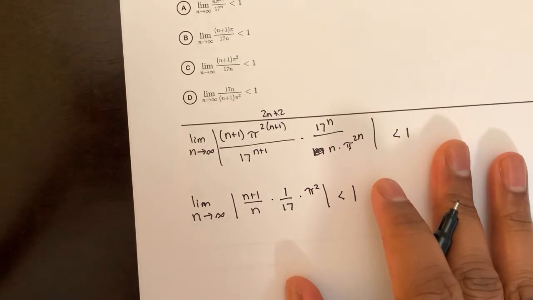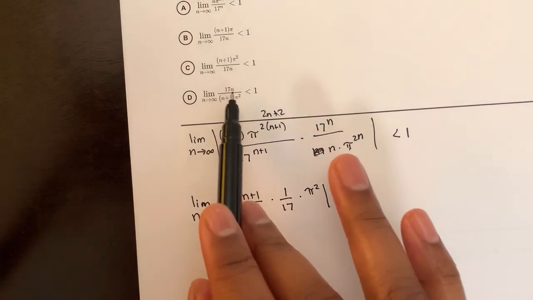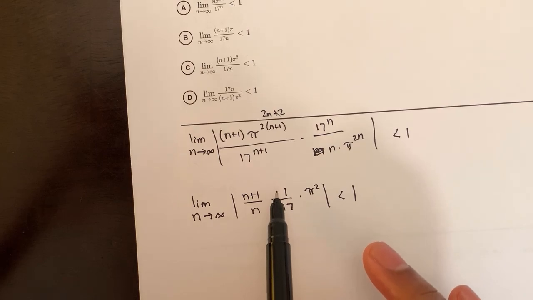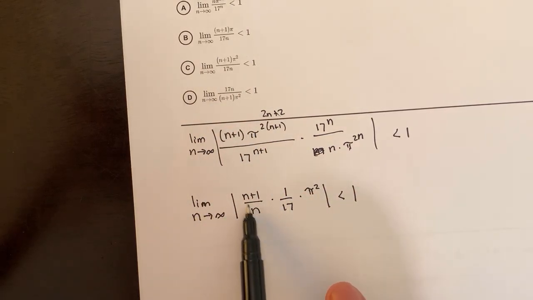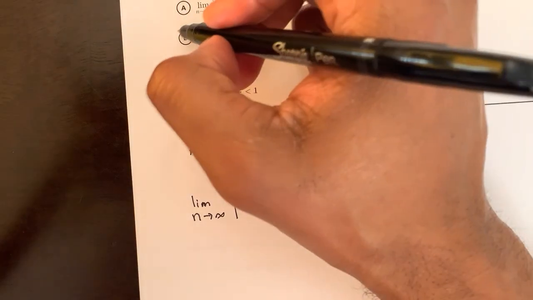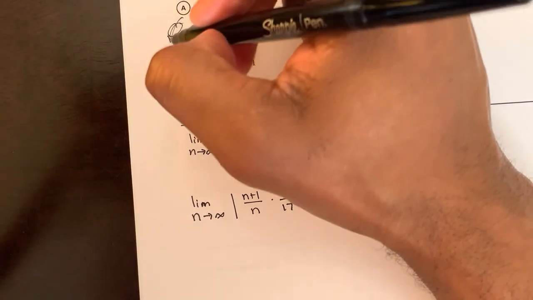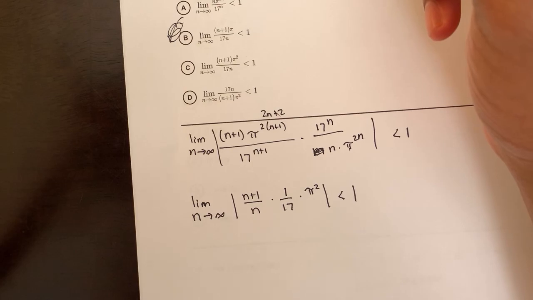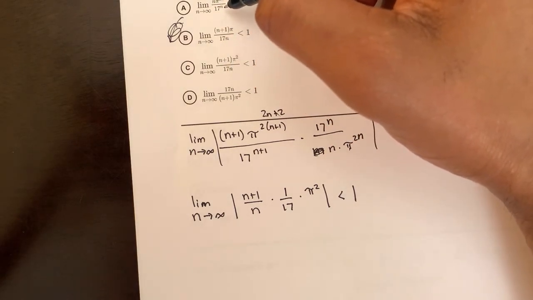So let's see what our answer choices are. We need 17n in the denominator, n plus 1. Yeah, so B is going to be our answer. Nope, A is our answer. So we end up with 17n, not 17 to the n.